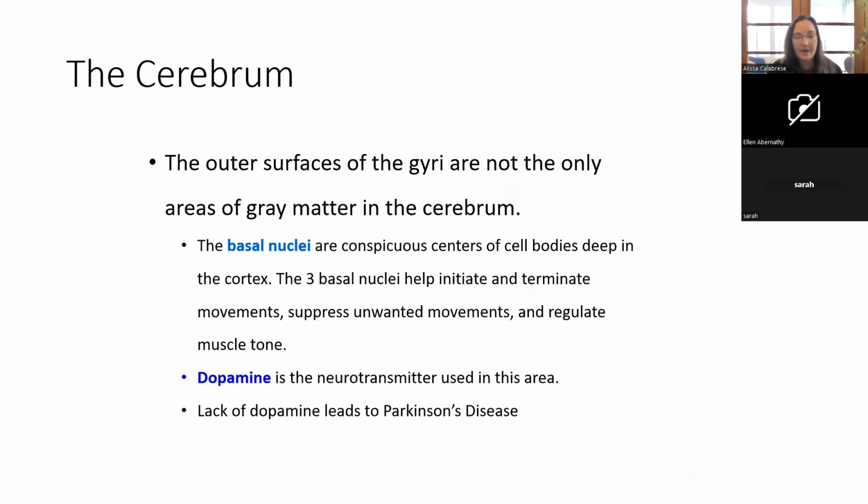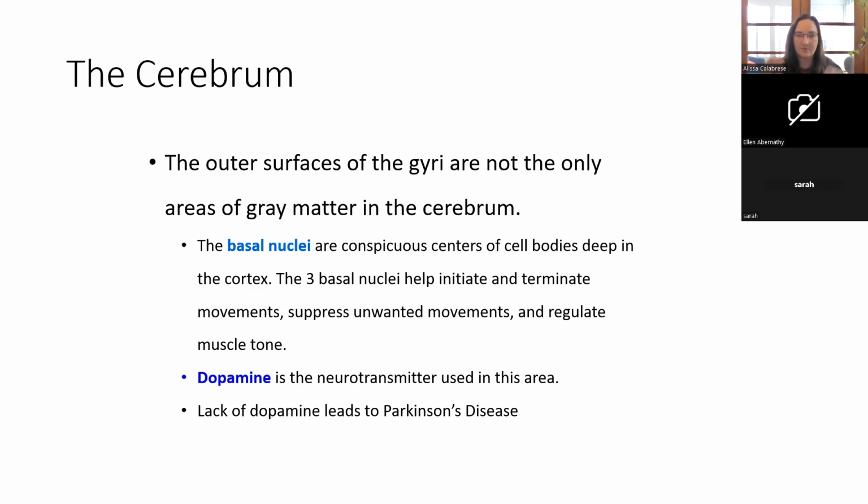All right. So deep in the cerebrum, so we've been mostly talking about cerebral cortex or that kind of outermost layer. But if we look deeper into the cerebrum, we've got groups of cell bodies called the basal nuclei. These basal nuclei are going to be really important for helping to suppress unwanted movements and regulate your muscle tone.